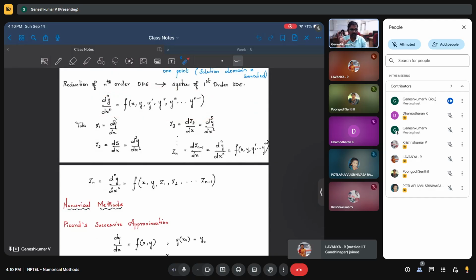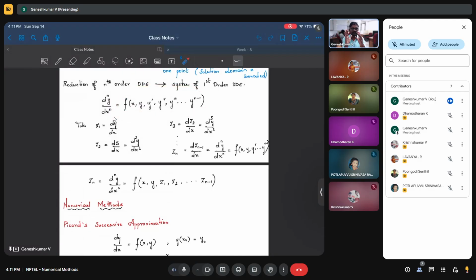So if you have an nth order ODE, you can convert it into n first order ODEs, where the first n minus 1 will be simply dy by dx equal to z1, dz1 by dx equal to z2, dz2 by dx equal to z3. These are each and every equation. And your final equation, dzn by dx, will be equal to the entire function that has been given.